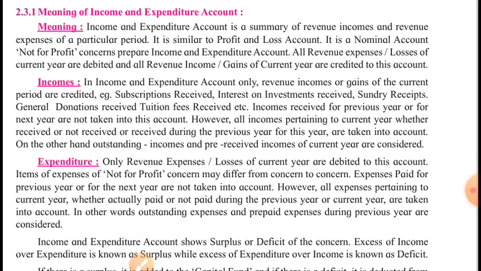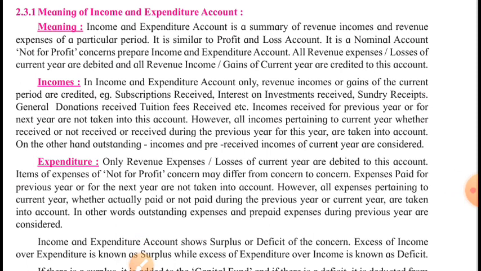What do they prepare? They prepare receipts and payments account. We know that receipt and payment account is a real account where only the record of cash transactions can be seen. It is a summary of the cash transactions made by that not for profit concern.